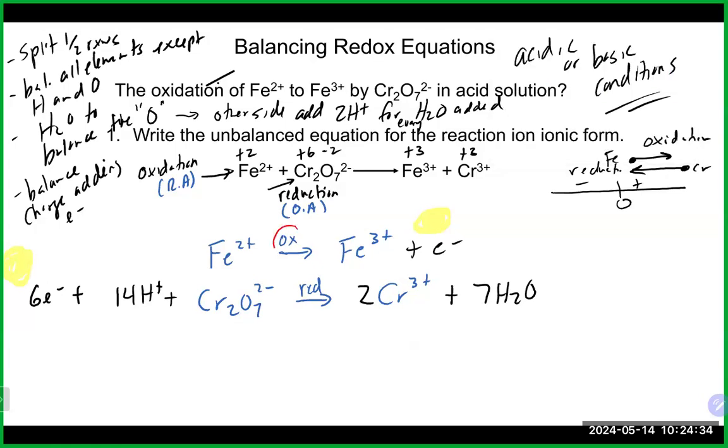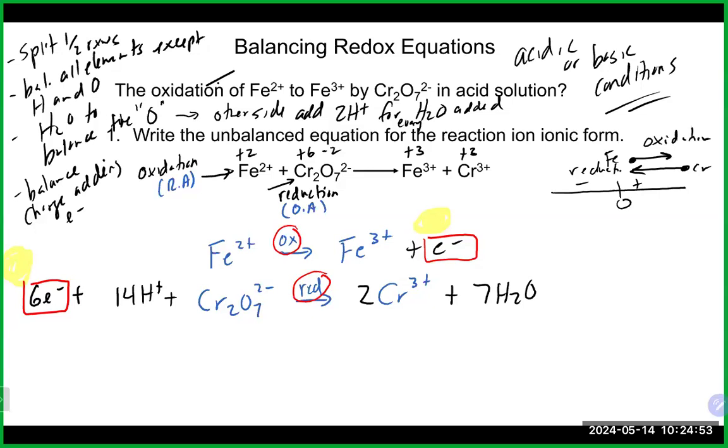We identified this as the oxidation half reaction, which means my electrons should be on the product side, and they are. This was the reduction half reaction, which means my electrons should be on the reactant side, which they are. So if you ever find yourself adding electrons to the same side, that is definitely wrong because they should always cancel out.